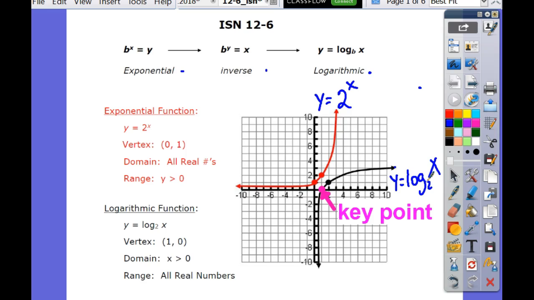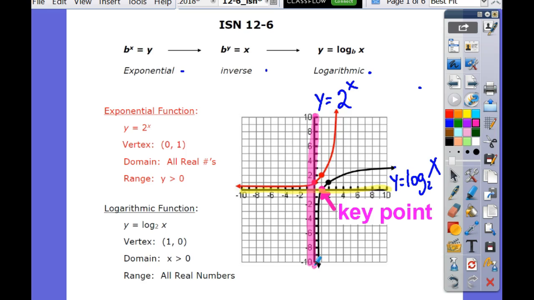The exponential graph had an asymptote here. When you switch the x and the y, the log graph has an asymptote here. Do we remember what asymptote means?